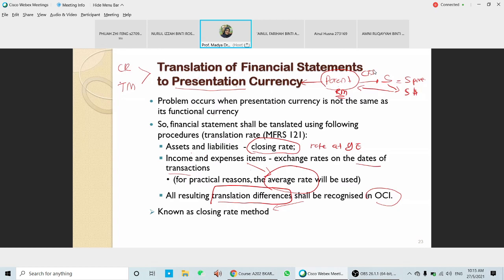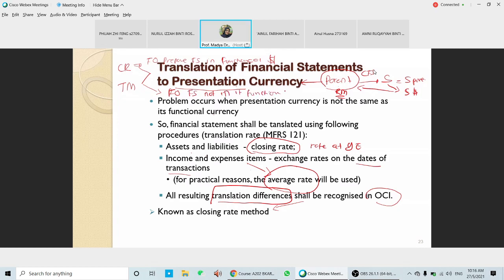The difference between the two methods: the closing rate method is used when the foreign operation prepares its financial statements in its functional currency. And for the temporal method, we use it when the foreign operation prepares financial statements not in its functional currency.